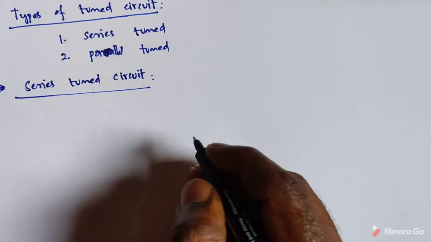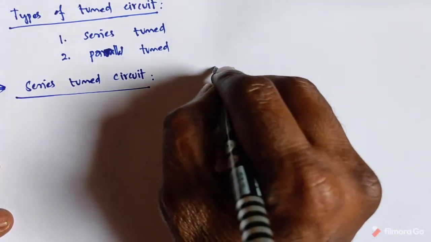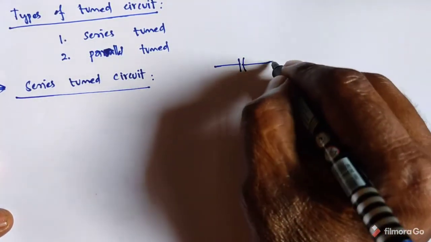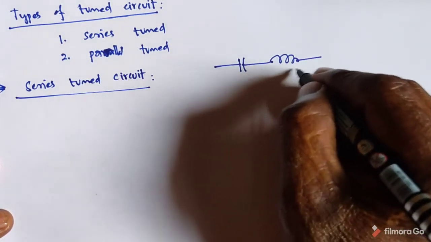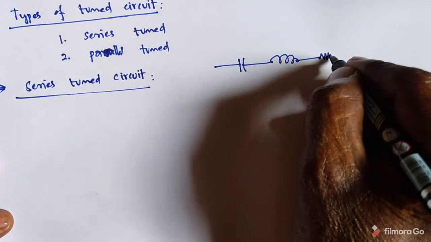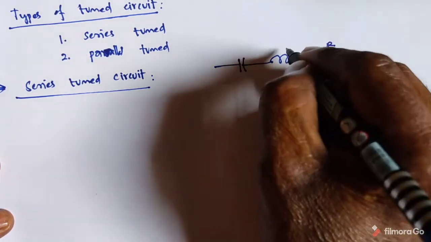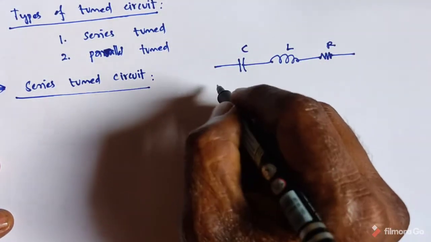That means if you take the capacitor and inductor, both are in series. Sometimes, since the inductor has some resistance, you have to use a very small amount of resistor, whose value is R, with the inductor and capacitor.